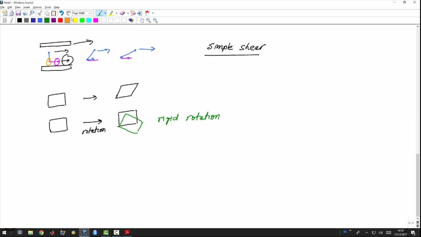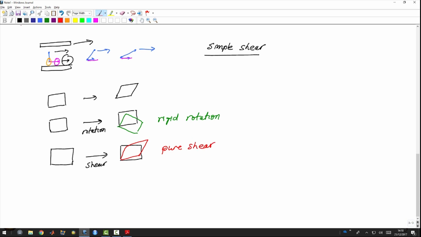We could also have a shear, in which case the same block, if it is getting sheared, will become deformed, and shear deformation will cause the block to become like this. So this is pure shear.